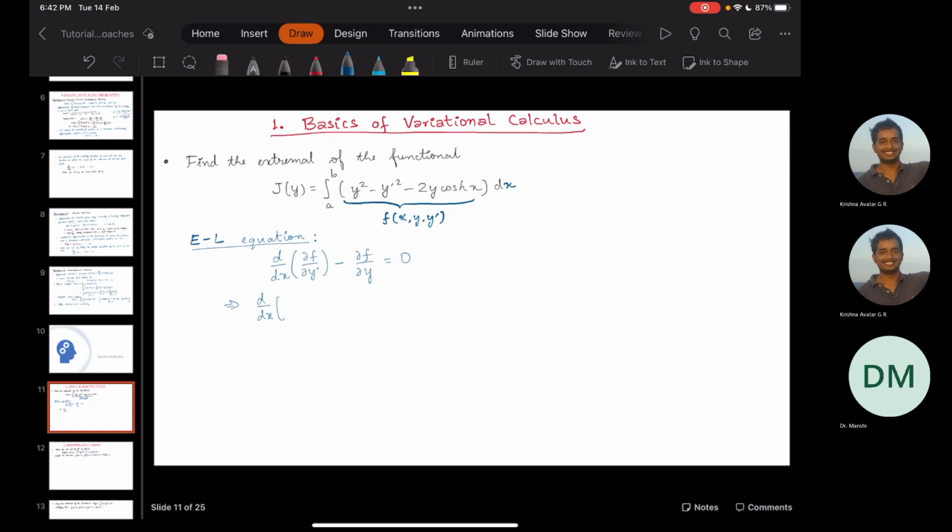If we look closely at the integrand, the derivative of f with respect to y prime is minus 2y prime.